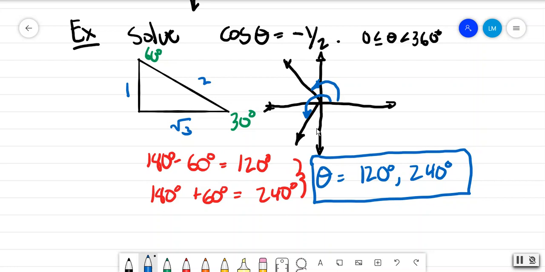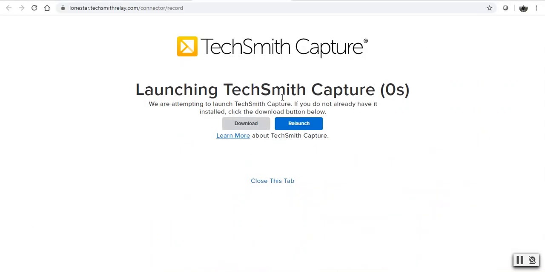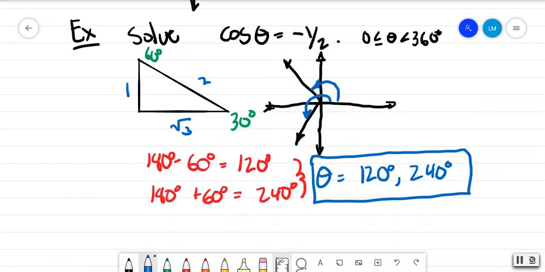So from there, you could find 120, and then do 180 minus 120, which will give you 60, and then now you know that you have to add to that. So 180 plus 60 is 240. So maybe you just want to find a way that works for you.